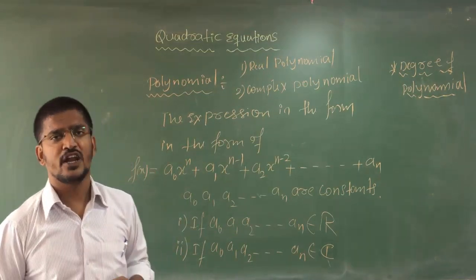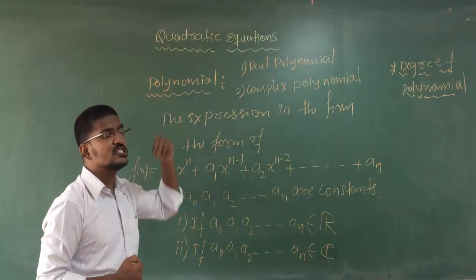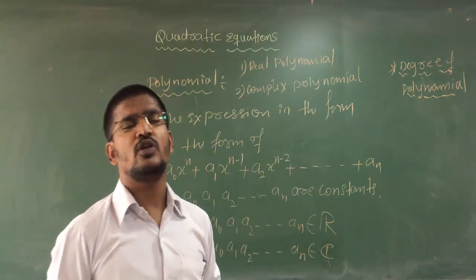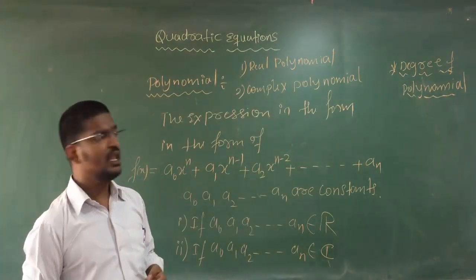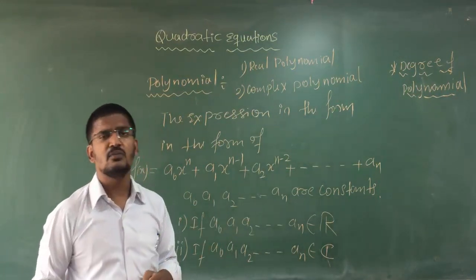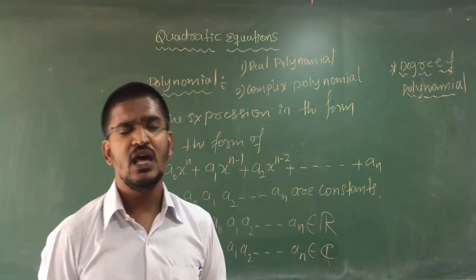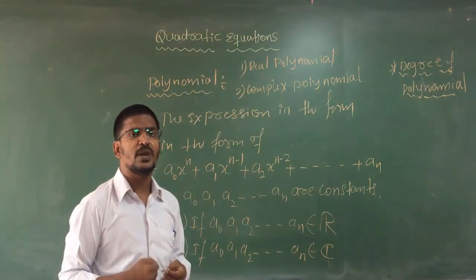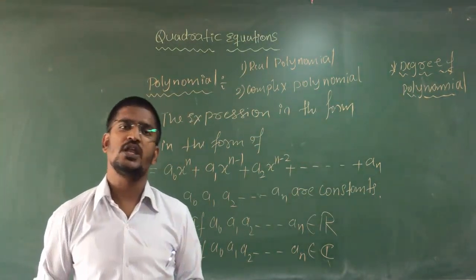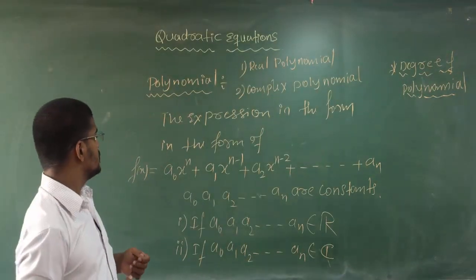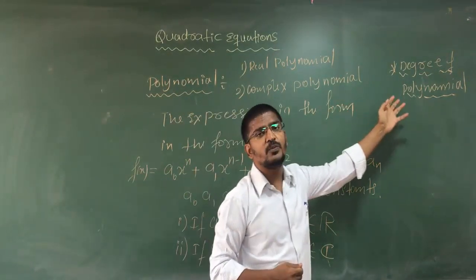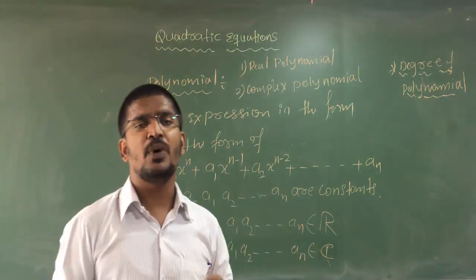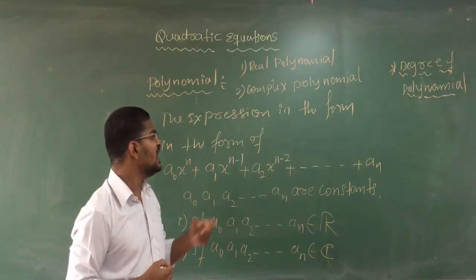Before going to quadratic equation, you must know what is polynomial. There are two kinds, real polynomial or complex polynomial. If the constants are real numbers, it is called real polynomial. If the constants belong to complex numbers, it is called complex polynomial. The degree of the polynomial will be the highest power of your variable x.